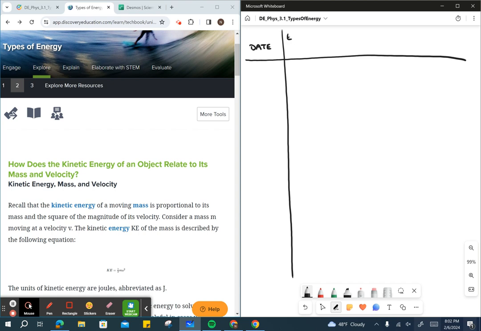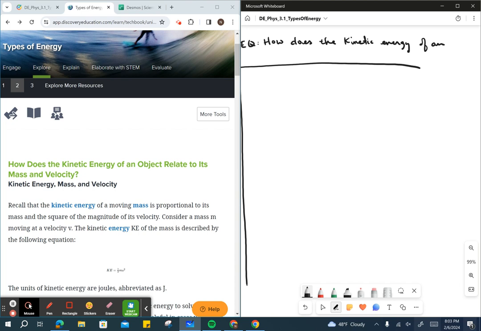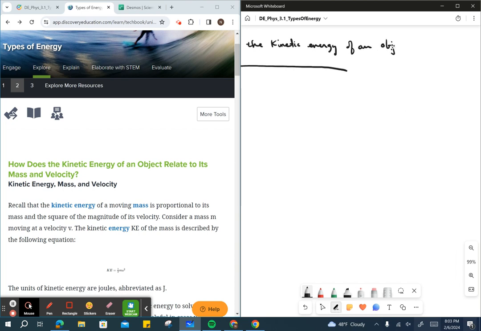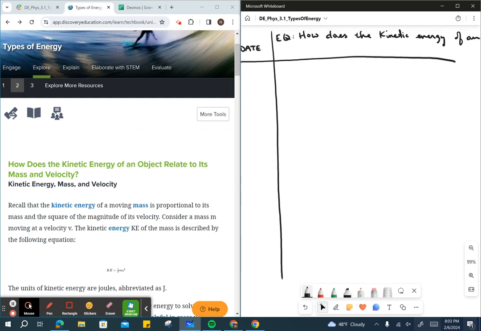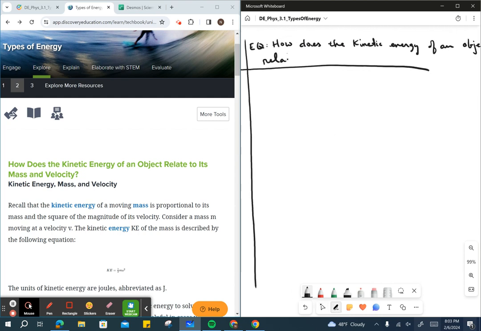And our essential question: how does the kinetic energy of an object relate to its mass and velocity?